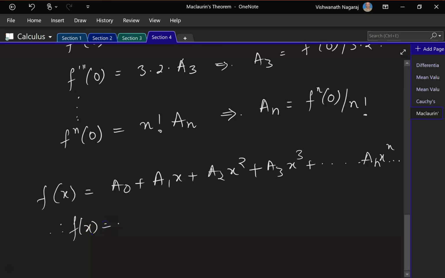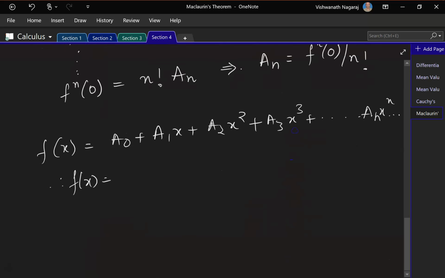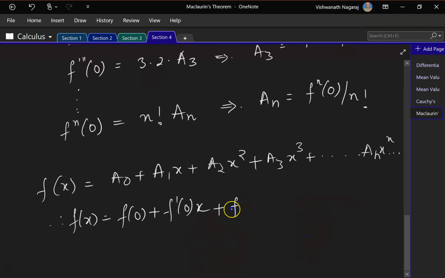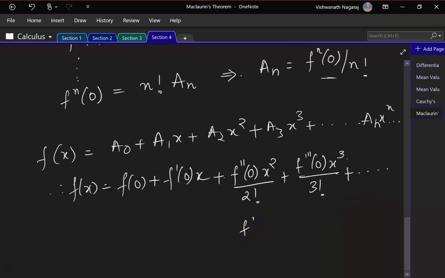F of x would become what? a0 is f of 0 plus a1 is f prime of 0 x, a2 is f double prime of 0 x square divided by 2 factorial plus, just keep doing the substitution here itself, f triple prime of 0 x cube by 3 factorial and so on, and the nth term would be f^n at 0 times x to the power of n by n factorial and so on.